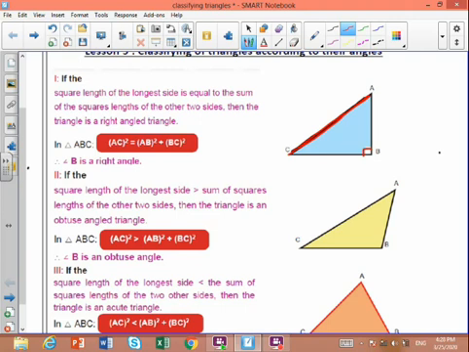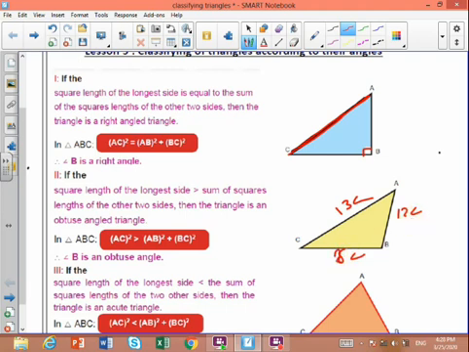What about if I get the longest side squared and the sum of the squares of the other two sides, and I find that the longest side is greater? We will take examples, by the way. For example, this is 13, and I get 13 squared, and this is, for example, 12, and this is, sorry, for example 2.